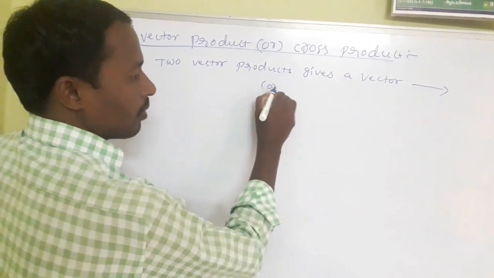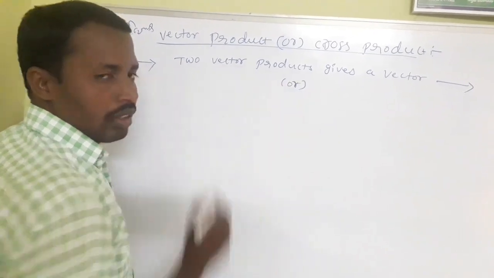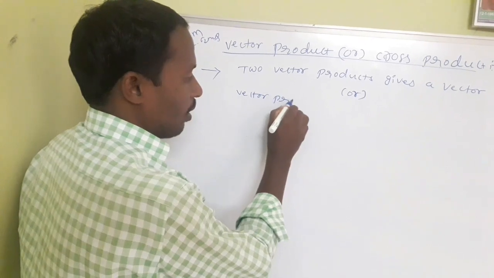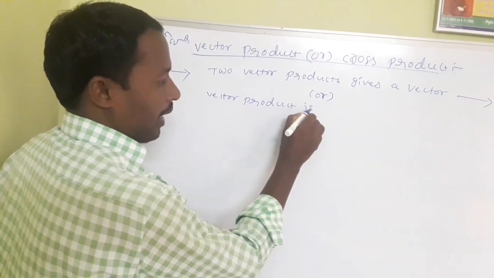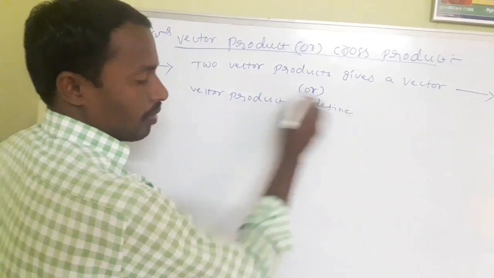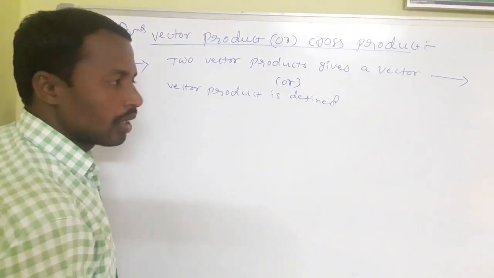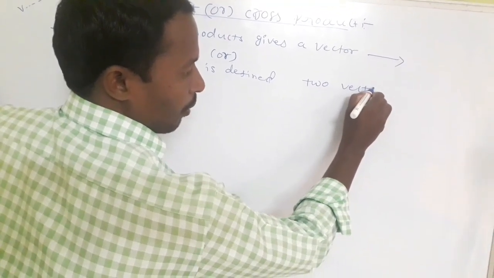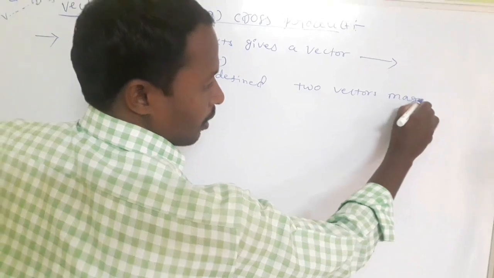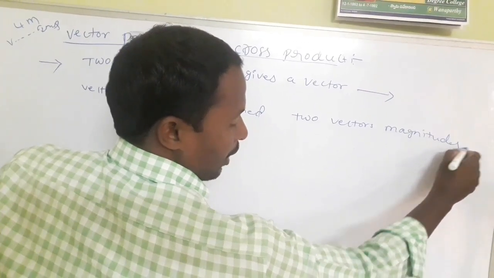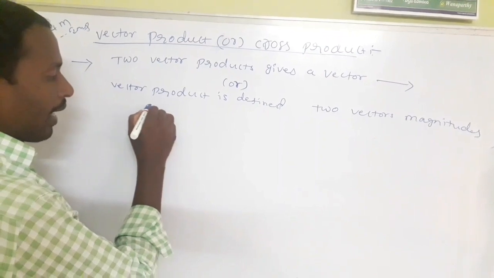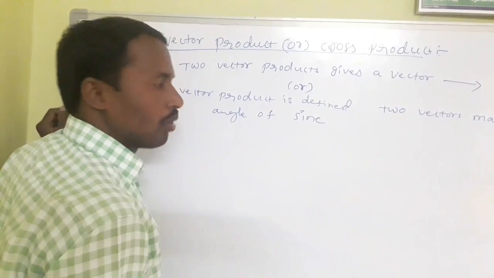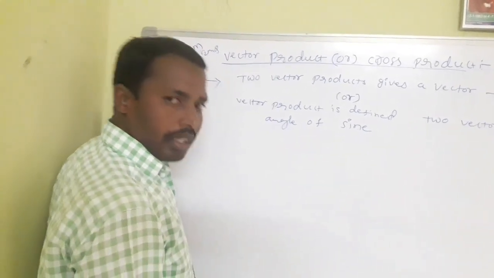The vector product is defined as the product of the two vectors' magnitudes and the sine of the angle, and it is known as a vector product or cross product.